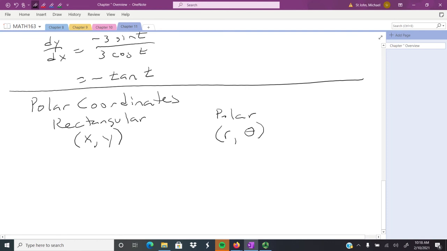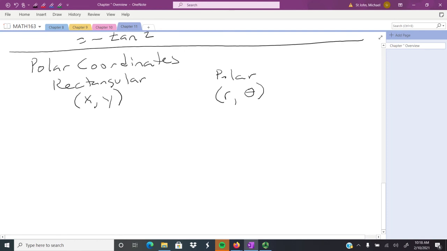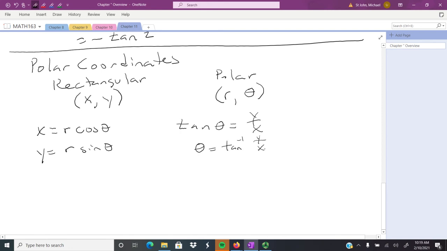So to make these conversions, we're going to use these formulas. We have x is going to be r cosine theta, y equals r sine theta. Tan theta is equal to y over x, and theta is the inverse tangent of y over x.